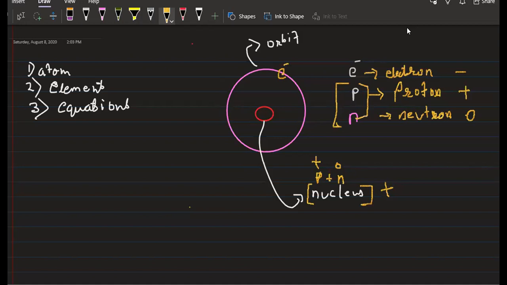If everything is made up of atoms, then are all the atoms the same or different? They should be different because we have different objects. Our hand is not the same as your phone or laptop. Everything is different. So I can say that there are different types of atoms, which make up different types of substances.